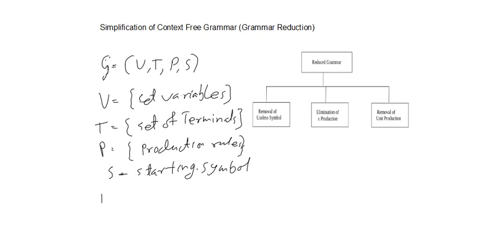The production rule in a context-free grammar usually looks like this: a non-terminal on the left-hand side, which then produces a set of terminals or non-terminals. On the right-hand side you may have a non-terminal along with terminals, or multiple non-terminals, or multiple terminals.